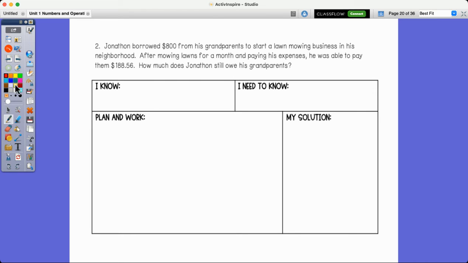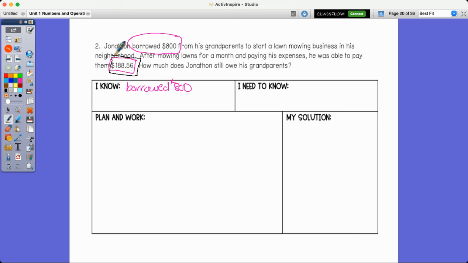Well, what do I know? I know that he borrowed. Borrowed is a negative word. He borrowed $800, and I know that's a negative. And he started his lawn mowing business. He made $188.56. So he's paying them back.